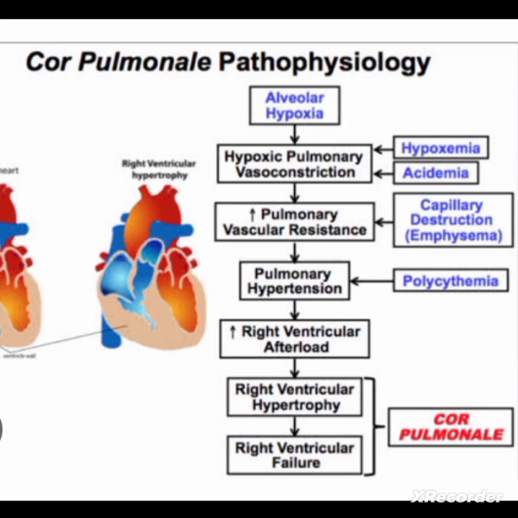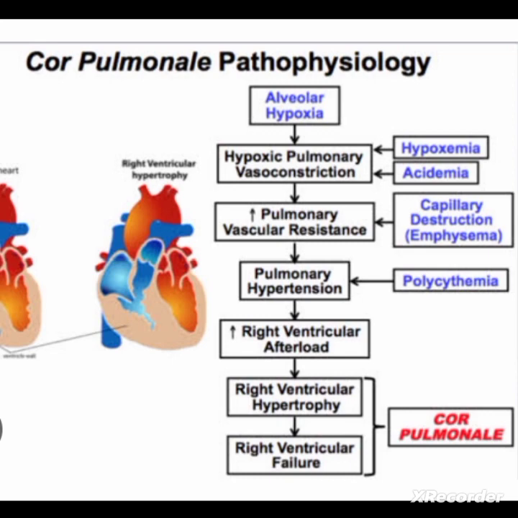So here, not only alveolar hypoxia, but also hypoxemia, acidemia, capillary destruction, emphysema, and polycythemia all cause hypoxic problems, increased pulmonary vascular resistance and pulmonary hypertension.